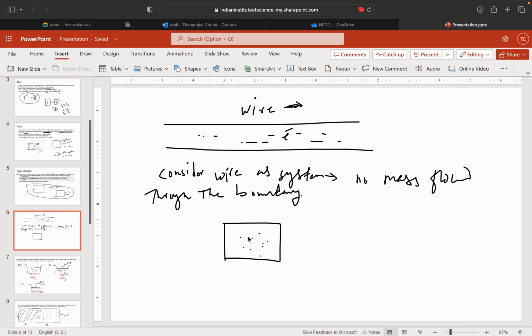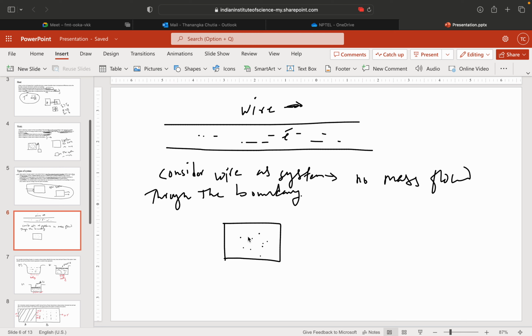So that is why I am considering this as my system. If no mass flow takes place into or out of the system, then I call this a closed system. But there may be energy transfer.